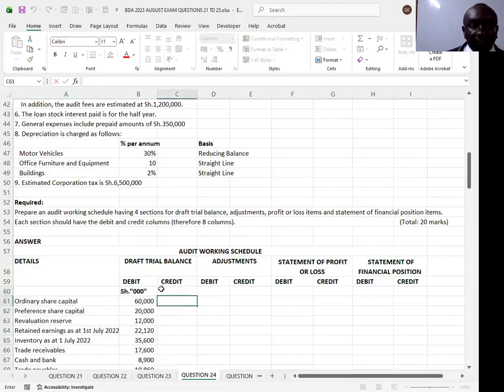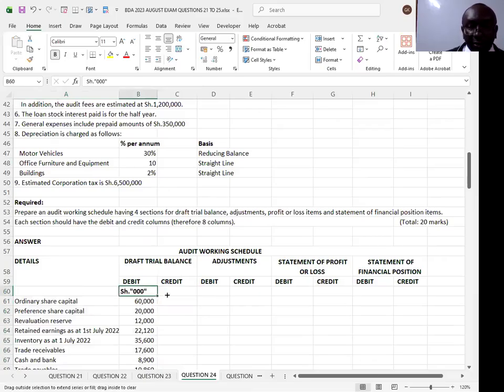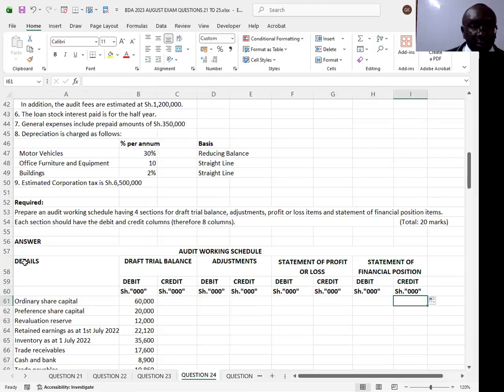That way. Then this one I can autofill all the way up to there. So this one I can merge.